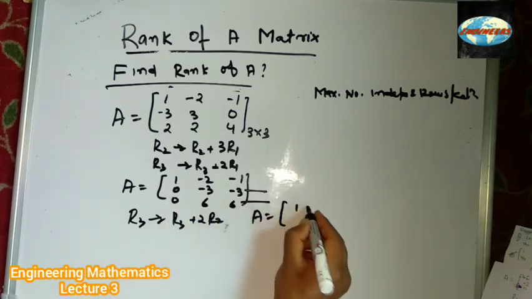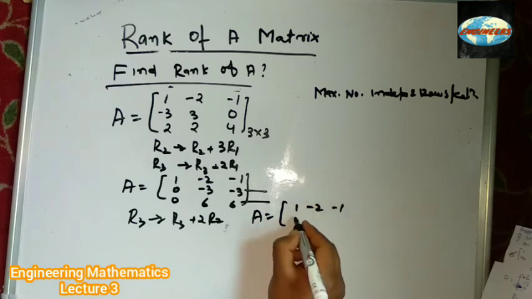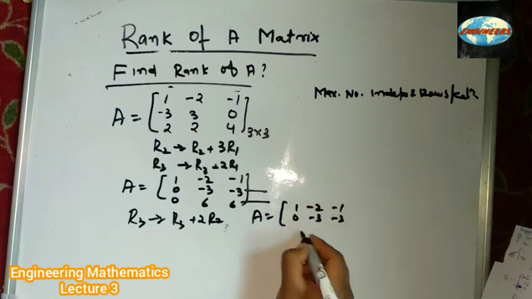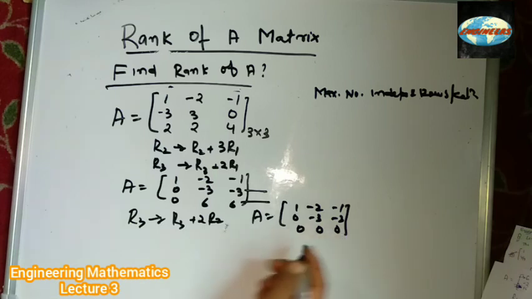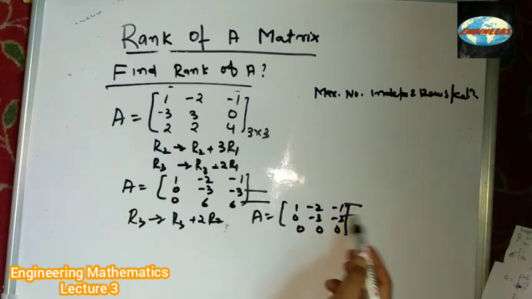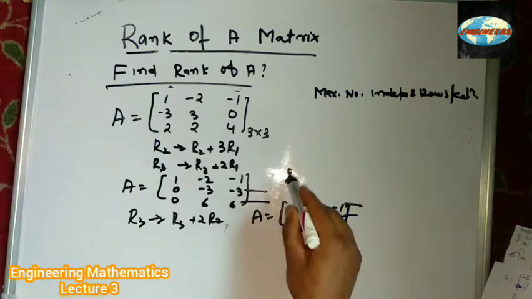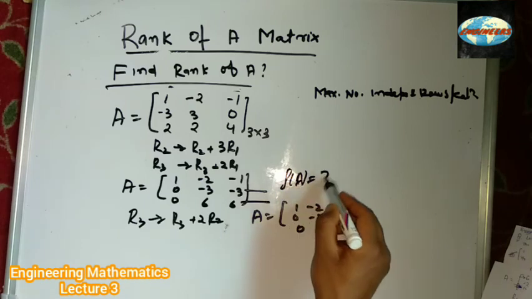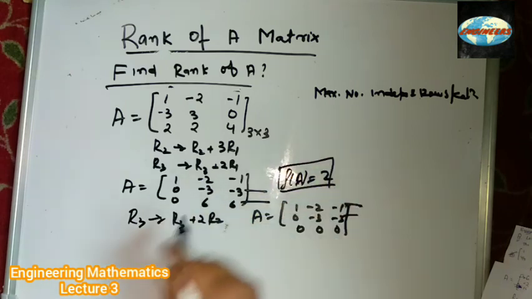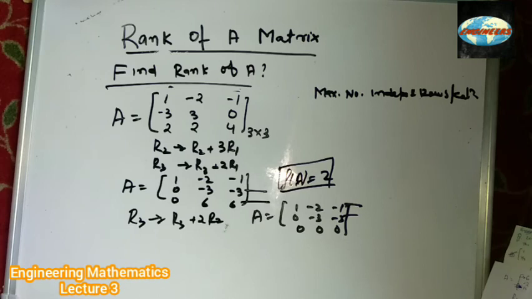like this: 1, minus 2, minus 1, 0, minus 3, minus 3, 0, 0, 0. So the number of independent rows is 2, so the rank of this matrix is also 2. I hope this is clear to you.